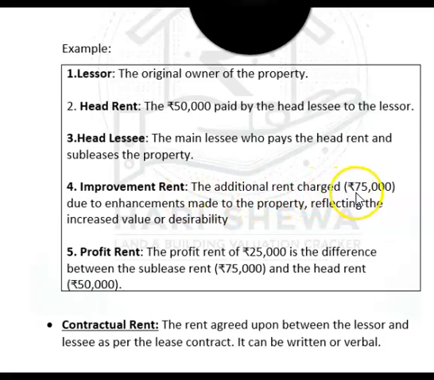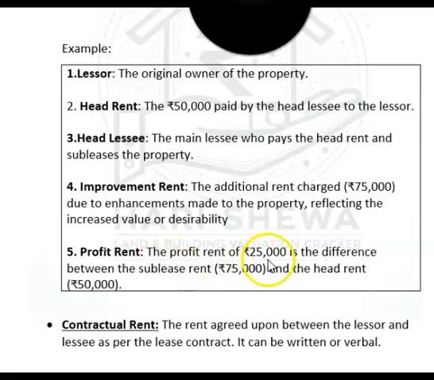Improvement rent. The additional rent charged, 75,000, due to enhancement made to property, reflecting the increased value or desirability. अब हेड लेसी ने सब लीज किया मकान, तो वो 50,000 का 50,000 में देगा नहीं, तो उसको कोई फायदा नहीं हुआ। He has given that property at 75,000. जो 75,000 में से यदि 50,000 ही will pay to lessor, जो बैलेंस बचेगा हेड लेसी को 25,000, वो प्रॉफिट रेंट कहलाएगा। Profit rent.